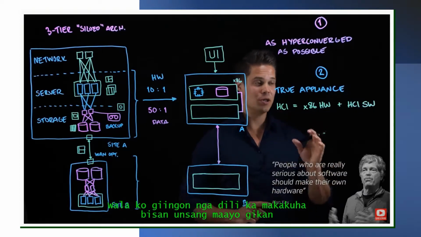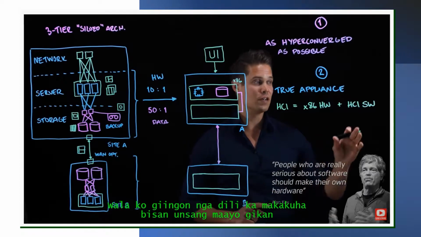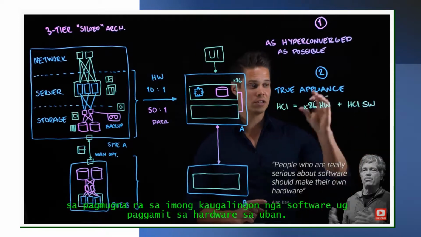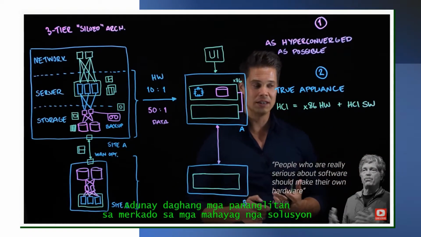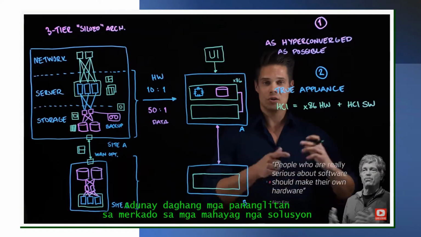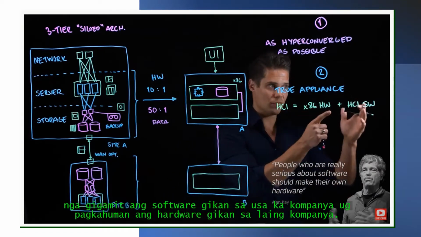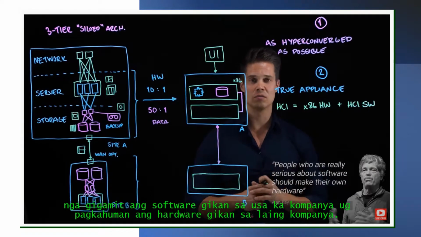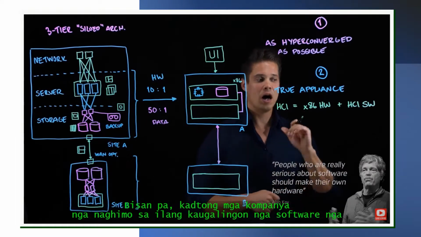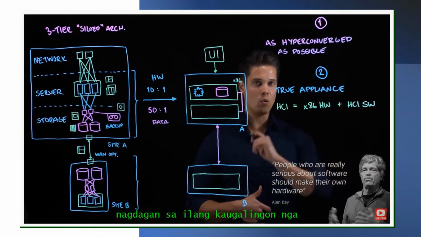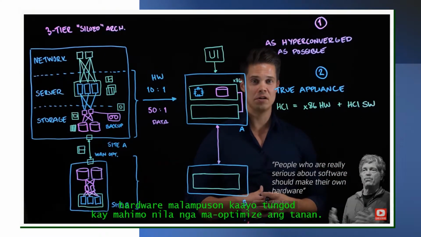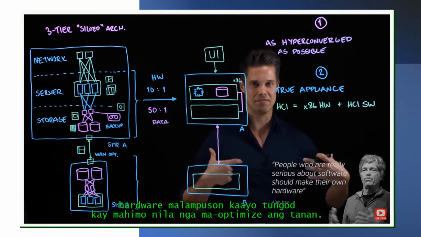I'm not saying that you cannot get anything good out of just creating your own software and using somebody else's hardware. Of course you can. There are plenty of examples in the market of brilliant solutions that are using software from one company and then hardware from another company. However, those companies who are making their own software running on their own hardware are very highly successful because they can optimize everything.